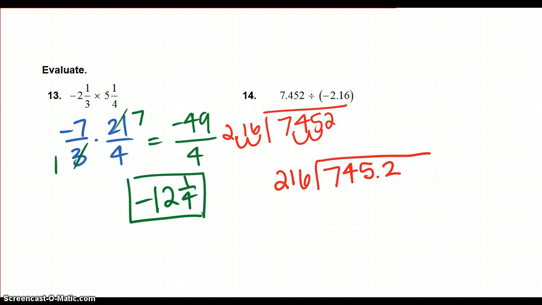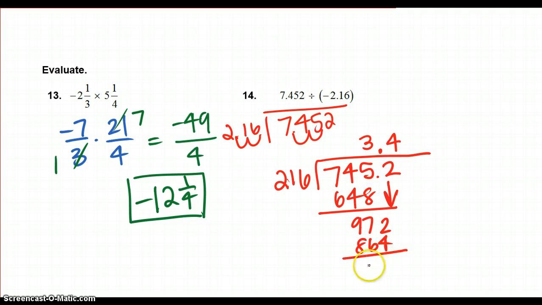216 goes into 745 3 times. 3 times 216 is 648. Subtracting those two, I get 97. Bring down the 2. 216 goes into 972 4 times. 4 times 216 is 864.